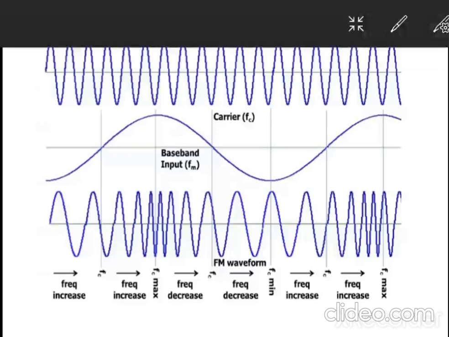After that the frequency decreases as the baseband signal amplitude decreases. That means the frequency increases up to here, this is fc max. Then the frequency decreases up to fc minimum. So in frequency modulation, the frequency is changed, the amplitude is constant.